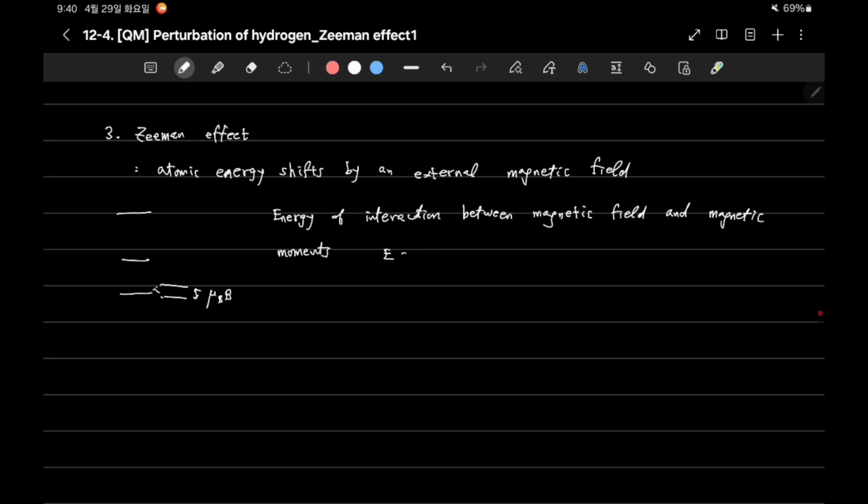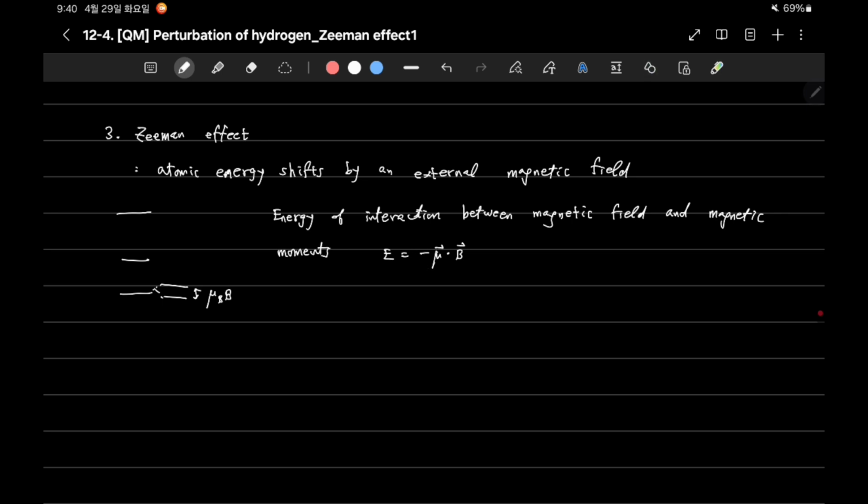And the energy is like this, minus mu dot B. B is the magnetic field, and mu is the magnetic moment. And this minus means it is a kind of potential.